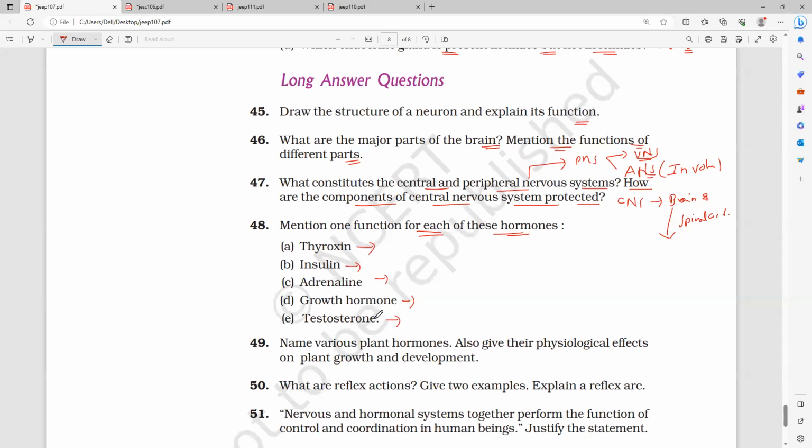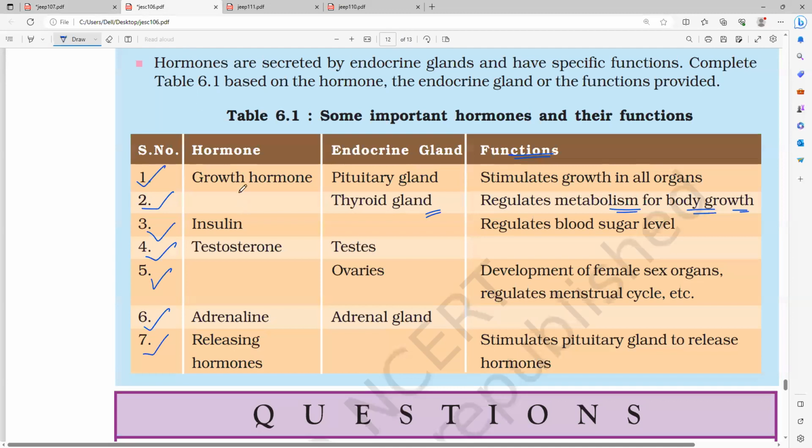Adrenaline, growth hormone, testosterone. If you hear the word adrenaline, it is the emergency hormone. Am I right or wrong, everybody? Adrenaline is secreted by the adrenal gland in emergency situations. If it is not there, please write it. What will happen?